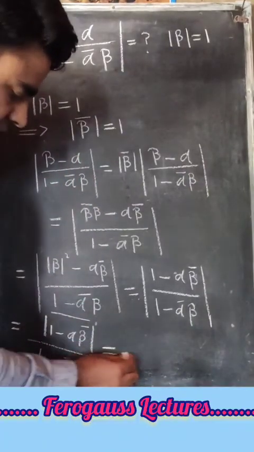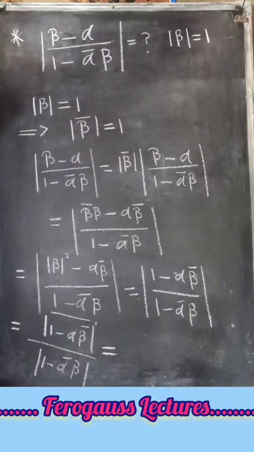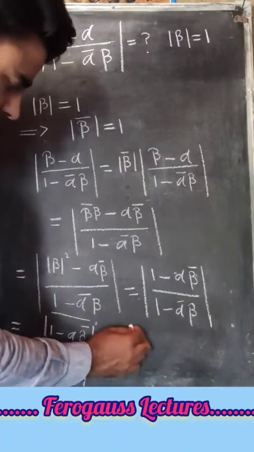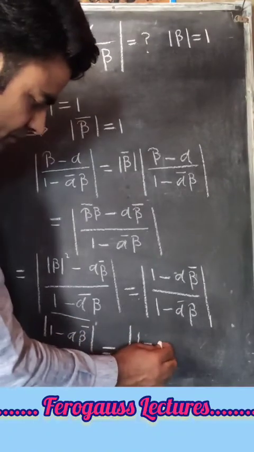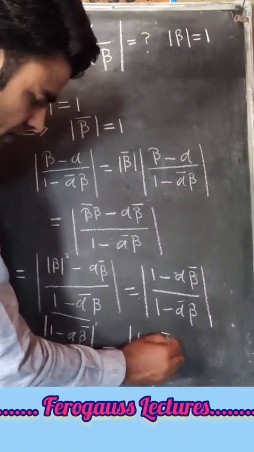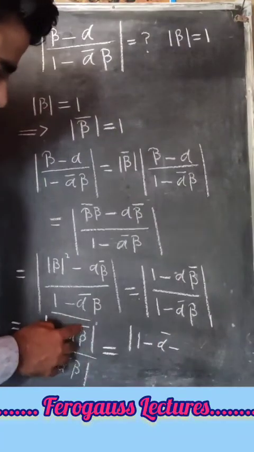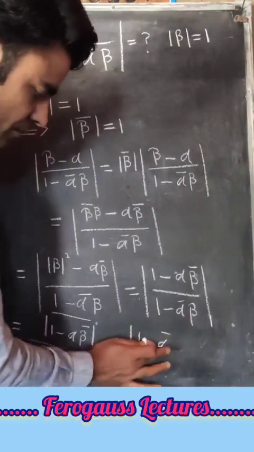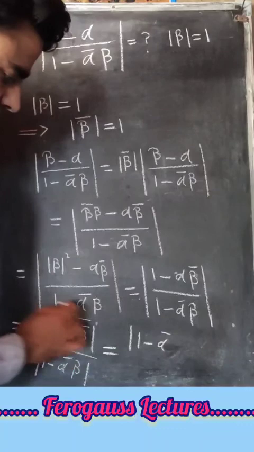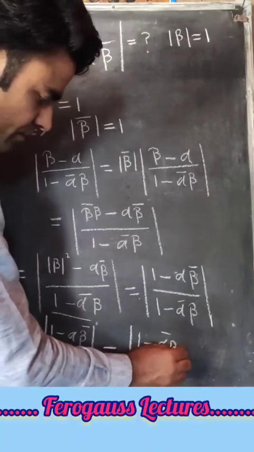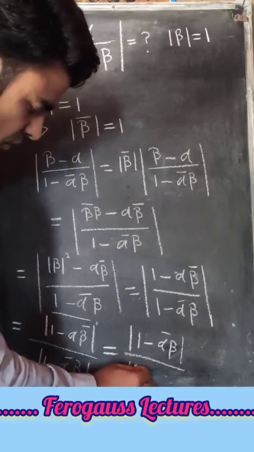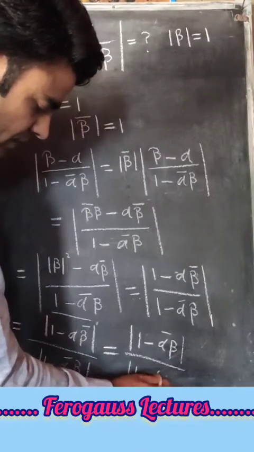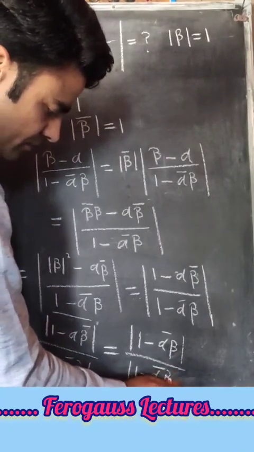So that is further equal to mod of 1 minus alpha conjugate times beta conjugate conjugate, which is beta, divided by mod of 1 minus alpha conjugate beta.